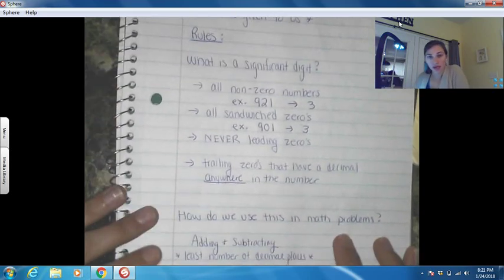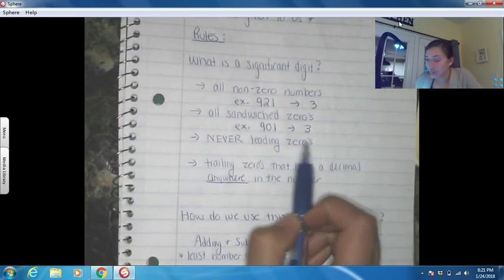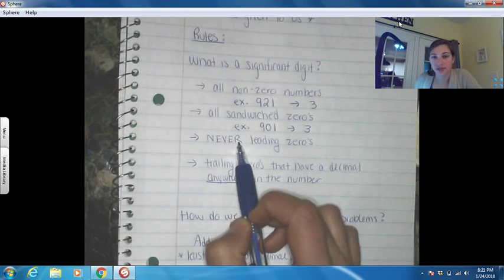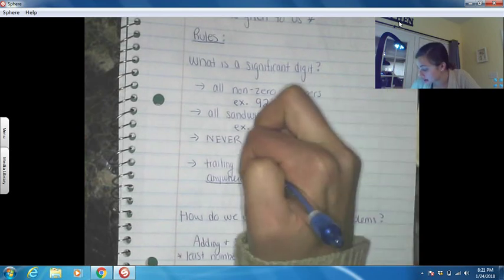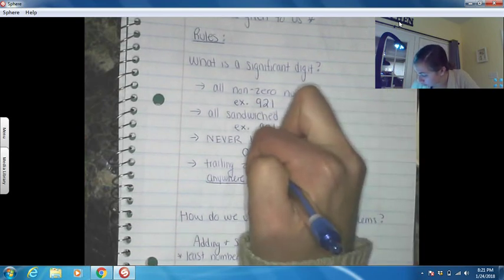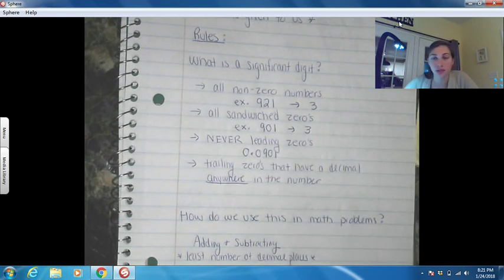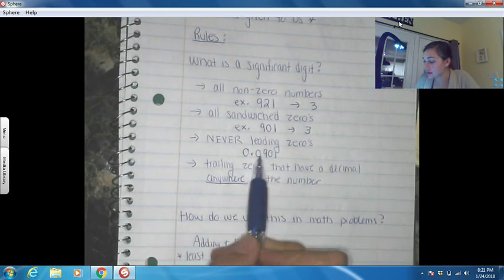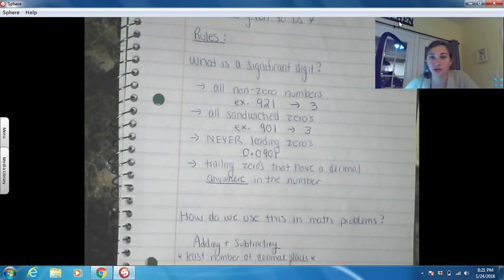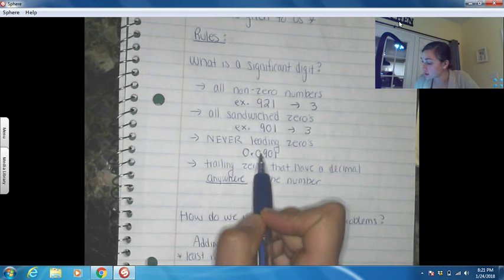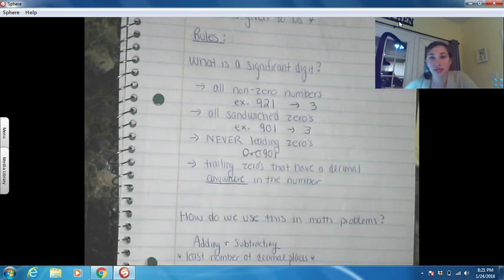The next one says, leading zeros are never significant. So an example of this would be 0.0901. Let's stick with similar numbers, okay? Leading zeros are those zeros that come before your first non-zero number. So here we have 2 leading zeros that never count as significant digits.